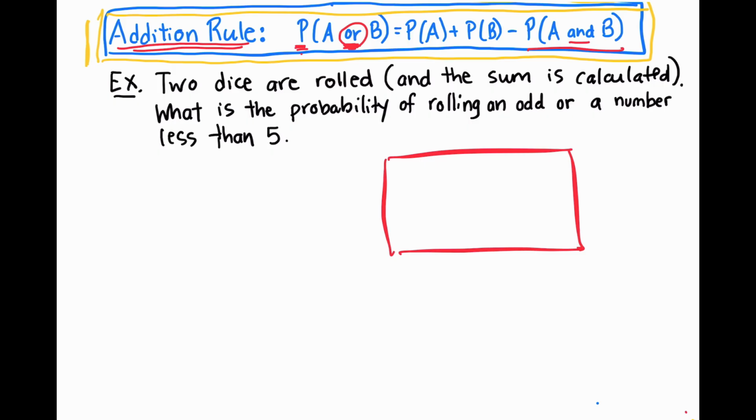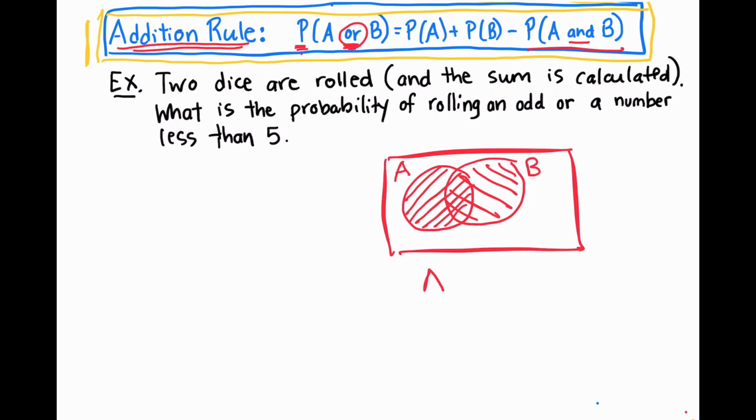So let's suppose this rectangle represents my sample space, and let's suppose this represents event A and this represents event B. So the probability of A or B can be represented by shading everything that's in A and everything that is in B, and that is A or B. Okay, but the problem is if I just add together these two things, I've double counted the middle portion, and that's why we subtract off the probability of A and B, so we don't double count.